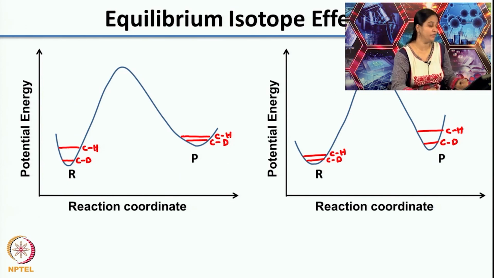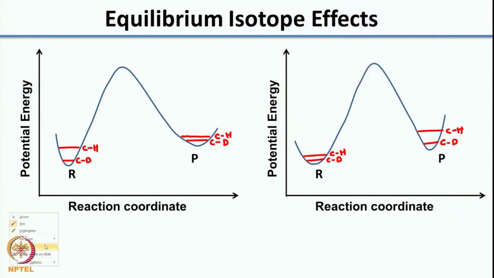Now, if you compare both of these, let us look at the energy difference that we are talking about. So, in one case, this is the energy for CD, let us call it E2, and this is the energy difference for CH, we will call it E1. So, what you see here is E1 is less than E2.